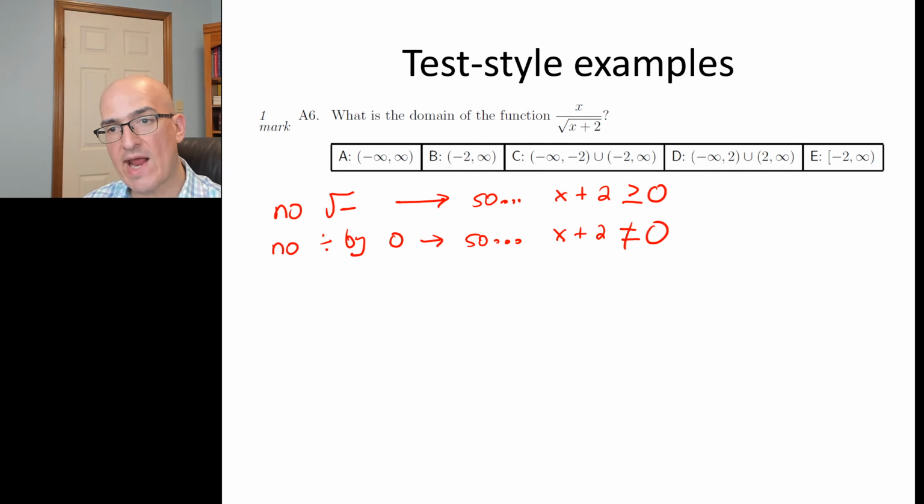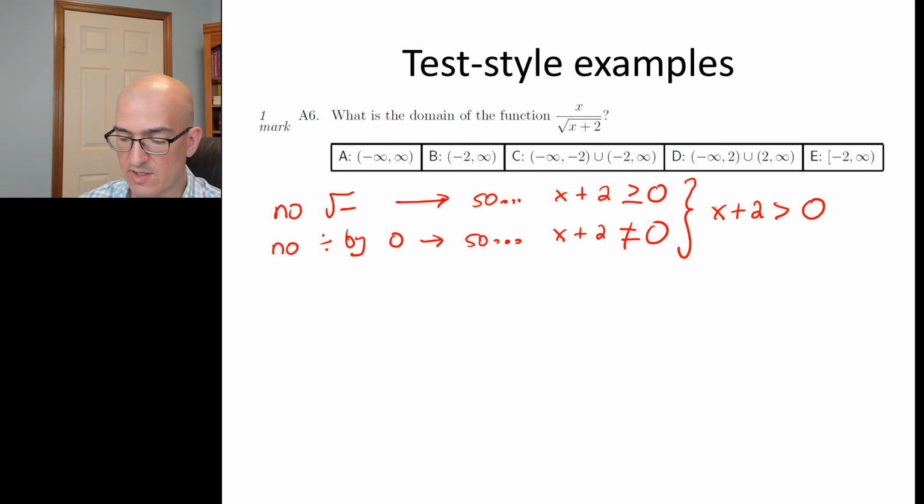We need to combine both of those restrictions. So I'm going to combine them by saying that x plus 2 must be strictly greater than 0. I'm going to get rid of the equal sign underneath the inequality. Okay, now I'm going to subtract 2 from both sides, so x must be greater than negative 2. So any number larger than negative 2 is part of the domain of this function.